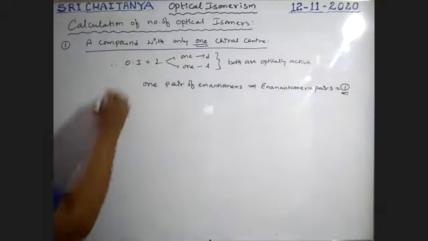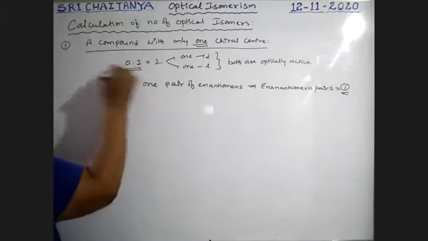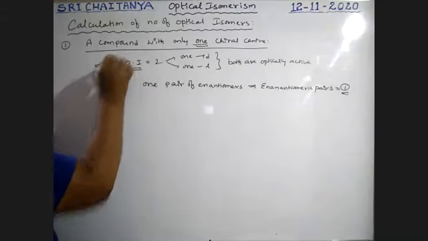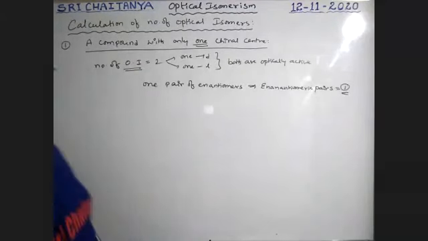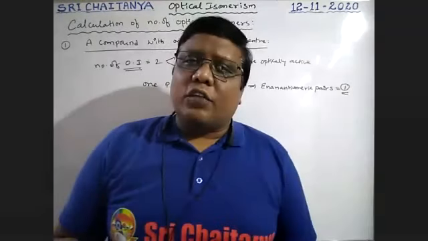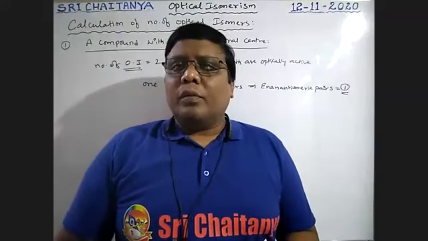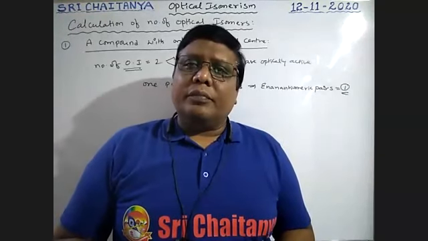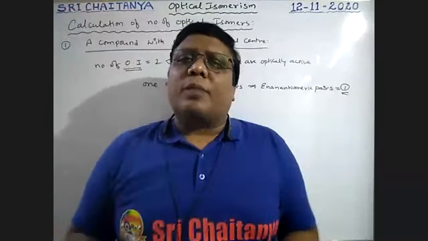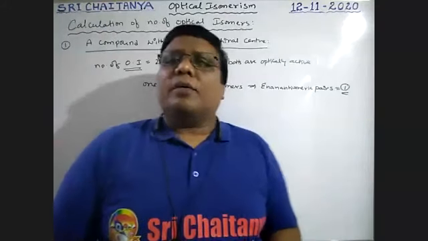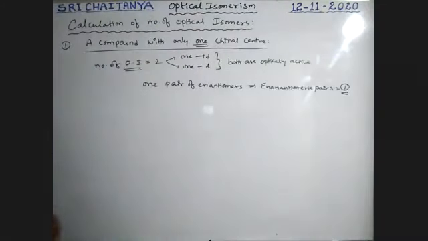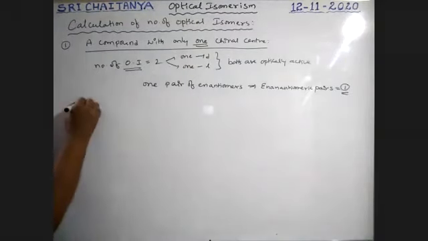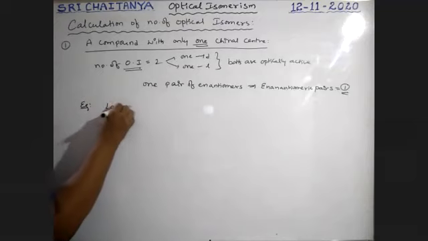So the number of optical isomers is equal to 2; in that 2, one is dextro form, another is levo form. Both are optically active, so one pair of enantiomers is possible. It is for only one chiral center. So, examples: lactic acid.